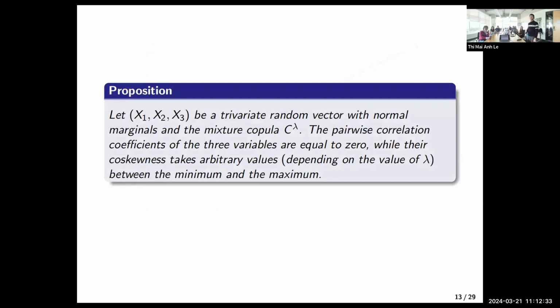Finally, we come to the proposition. Let X1, X2, X3 be a trivariate random vector with normal marginals and the mixture copula C lambda. We use the symmetric property of the normal marginals to prove that the pairwise correlation coefficients of the three variables are equal to 0, where their coskewness takes any arbitrary value depending on the value of lambda in the range of minimum and maximum coskewness.